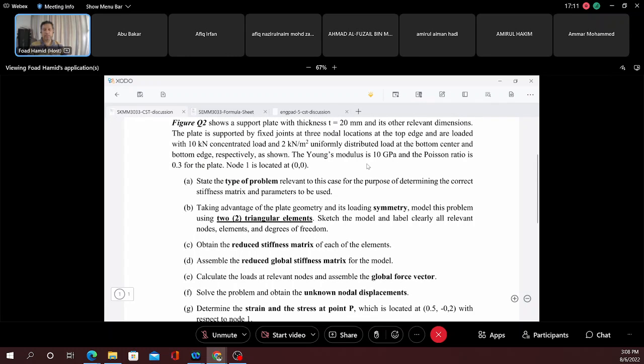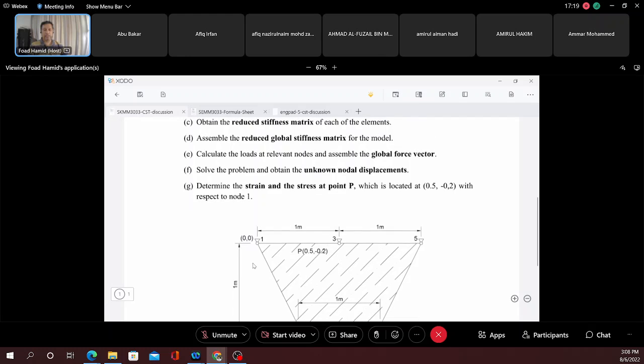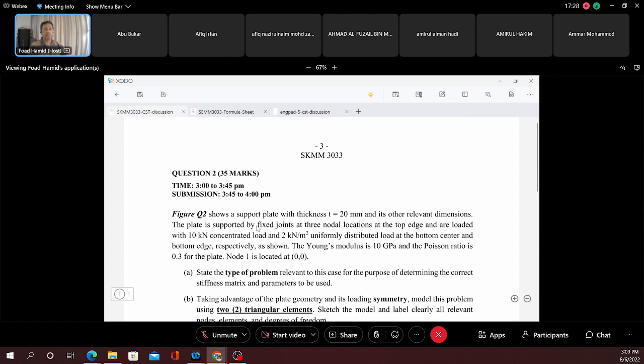The Young's modulus is 10 gigapascal, and the Poisson ratio is 0.3 for the plate. Node 1 is located at 0,0, which is the origin. That is the situation.